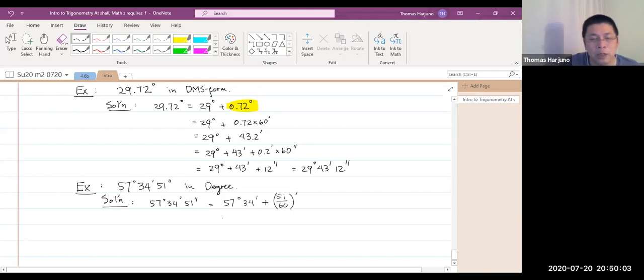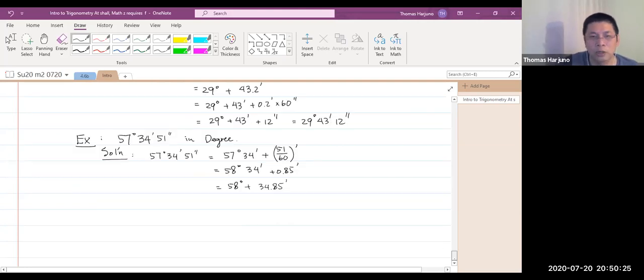So this will be 57 degrees, 34 minutes plus 0.85 minutes. Now put things together. This is 57 degrees plus 34.85 minutes. Now change it further to degrees. 57 degrees plus 34.85 divided by 60 gives you degrees.